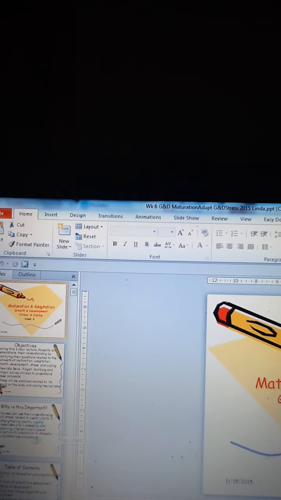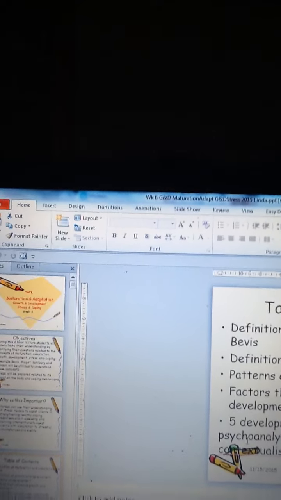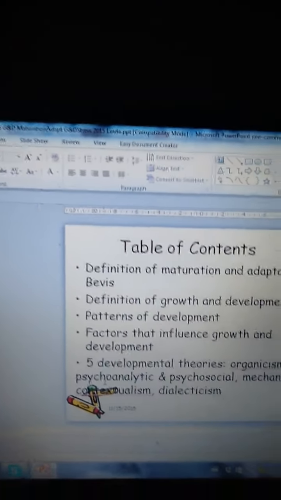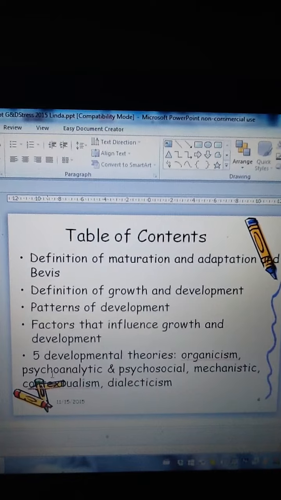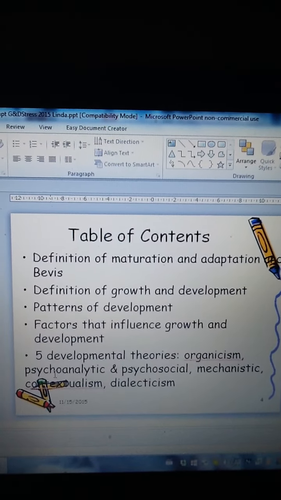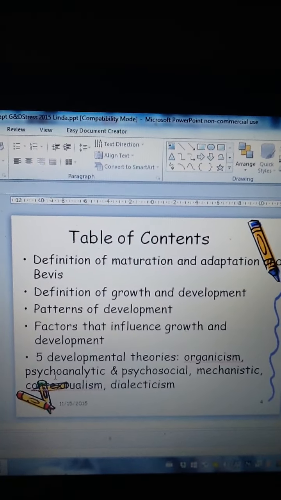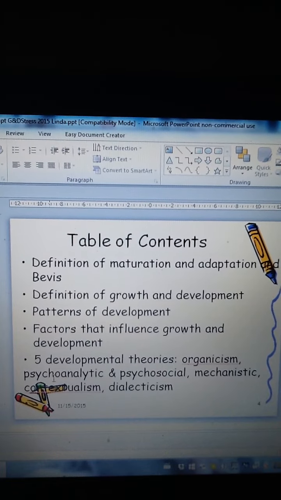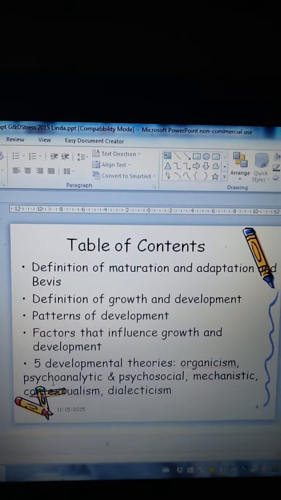You'll see on the first table of contents down here, I have these 5 developmental theories. I'm not going to be asking any questions around these 5 developmental theories within this lecture.